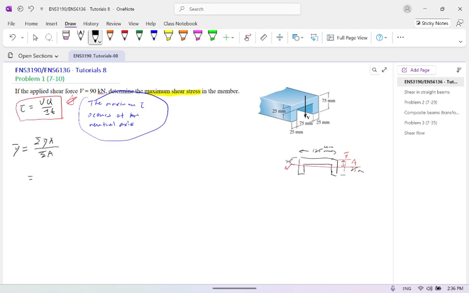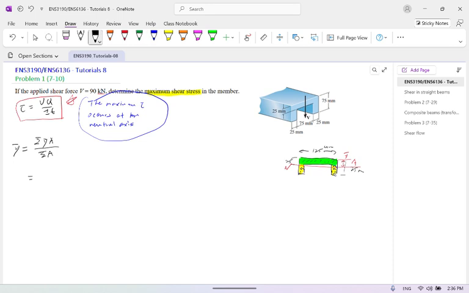Based on this, let's say we divide this into three parts: one part for this, one part for this, and one part for this. I use this color to show you.